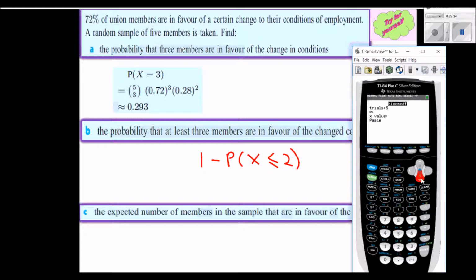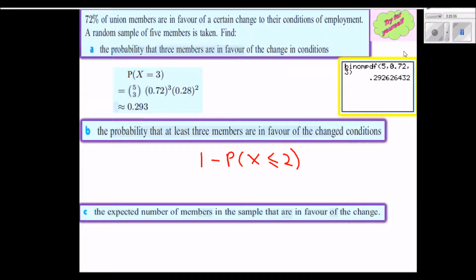Probability of success is 0.72. The x value in this case is 3. Then go down to paste, enter, and then enter. Then we've got 0.926 and so on, which rounds roughly to this one. There we go, 0.29 and so on.